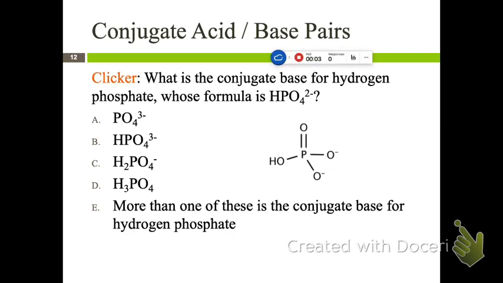Alright, so I've shown hydrogen phosphate, HPO4 2-. Here's the structure, there's the formula. Which is the conjugate base for this one? Couple more seconds.